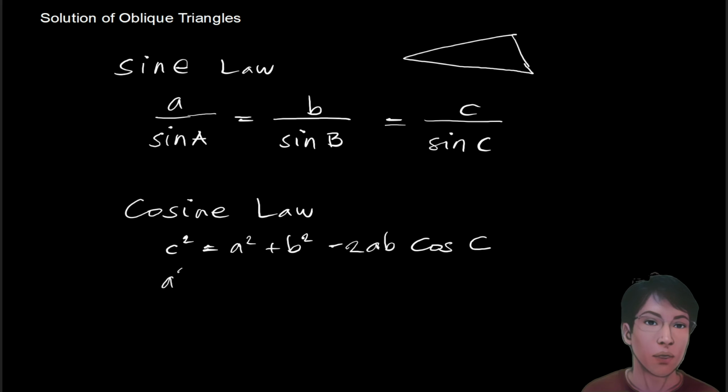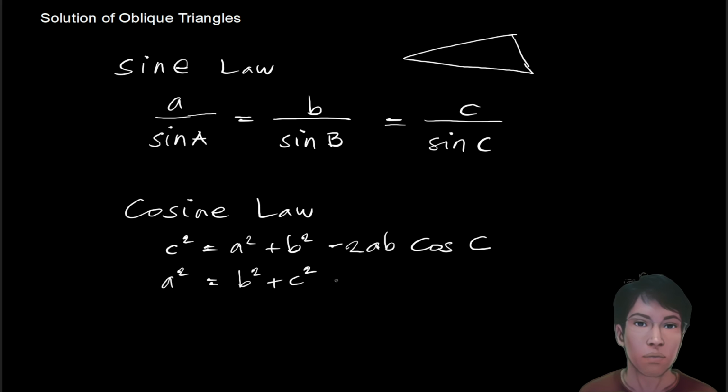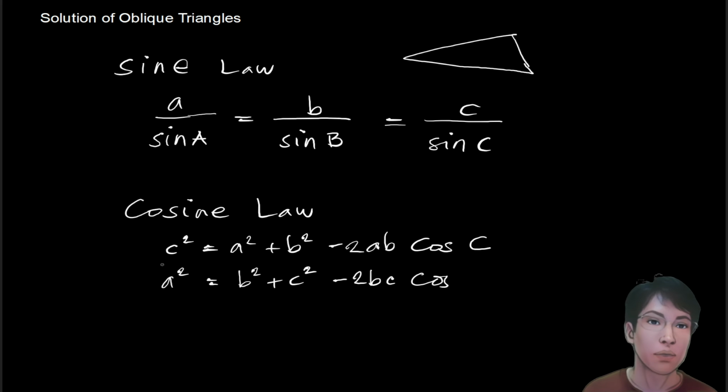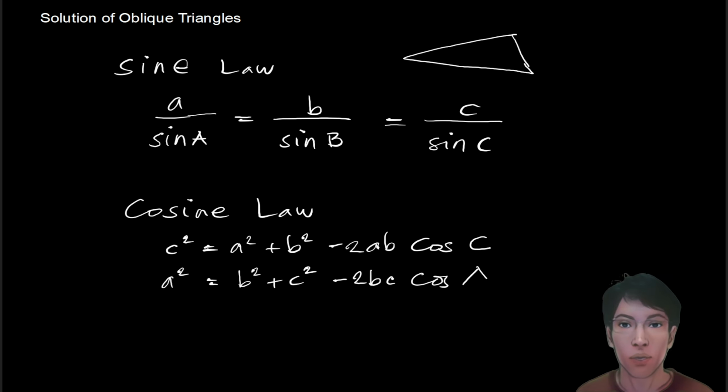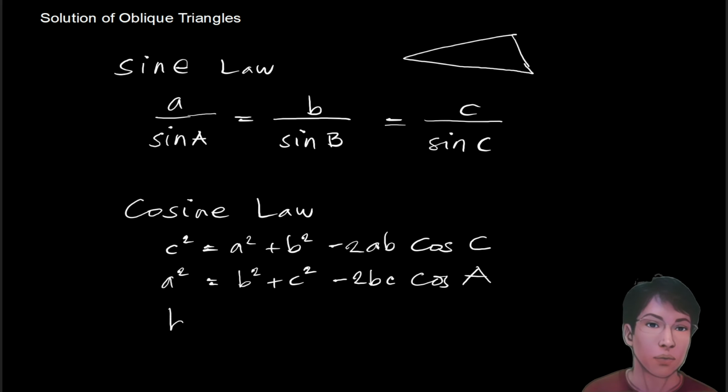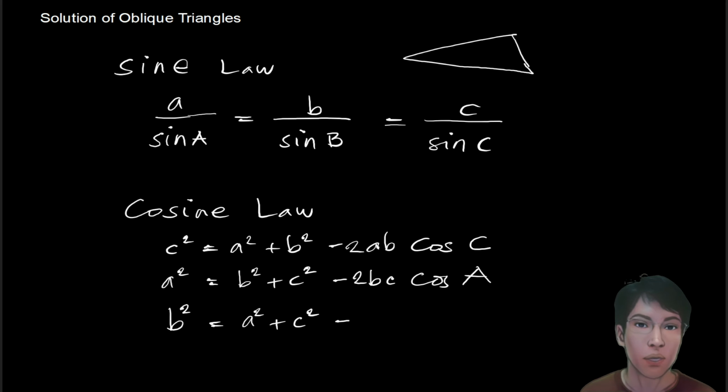And a squared is b squared plus c squared minus 2bc cosine a. Then for side b, b squared is a squared plus c squared minus 2ac cosine b.